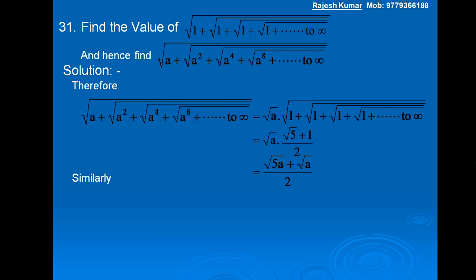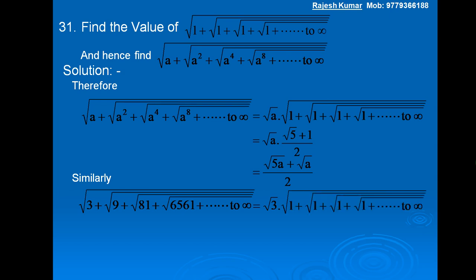Similarly, we can also prove that square root of 3 plus square root of 9 plus square root of 81 and so on up to infinity, that is, square root 3 plus square root 3 square plus square root 3 to the power 4, is equal to square root 3 into square root of 1 plus square root of 1 plus square root of 1 up to infinity. Putting its value, this is equal to square root 3 into (square root 5 plus 1) whole upon 2.